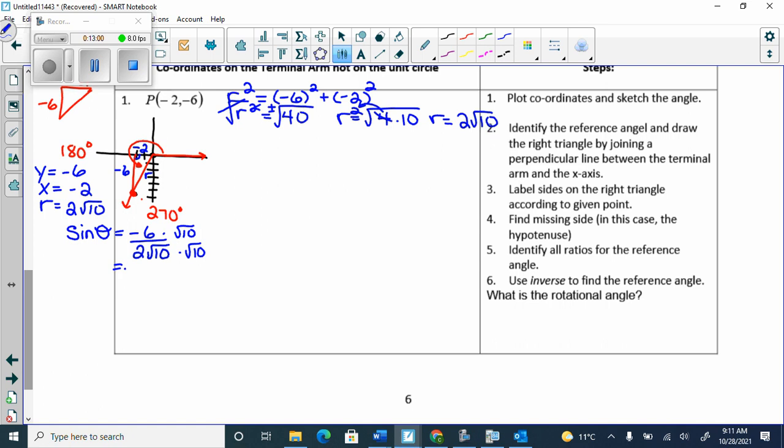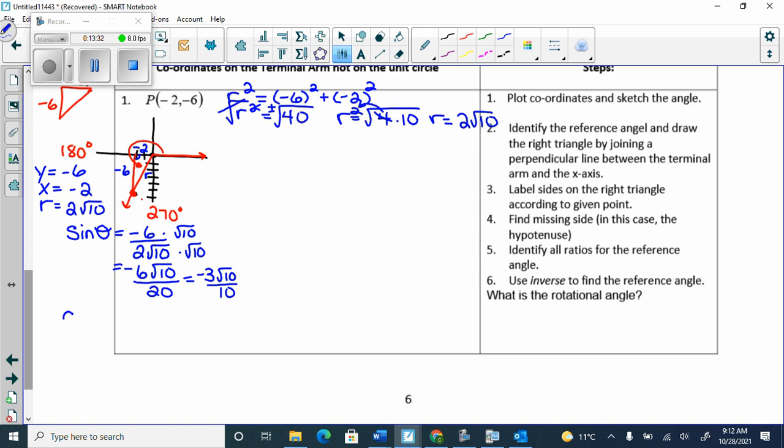So we're going to get -6 root 10 over, what's root 10 times root 10? 10. Because root 10 times root 10 is root 100, which is 10. When you multiply two roots together that are the same, you actually just get the number without the root. So we're going to get 2 times 10, which is 20, and then we can reduce. We can take a 2 out of both, so we'll get -3 root 10 over 10. So that's sine.